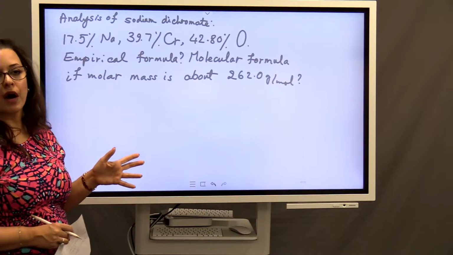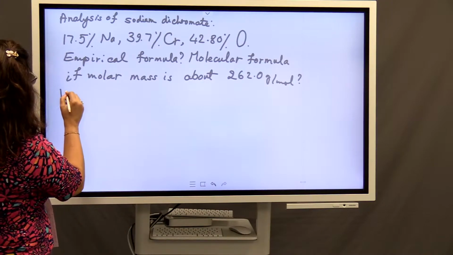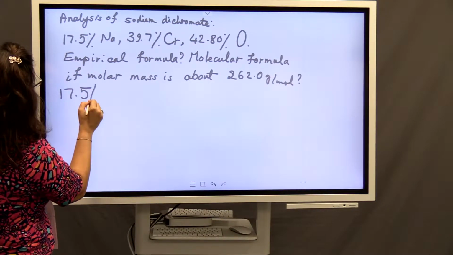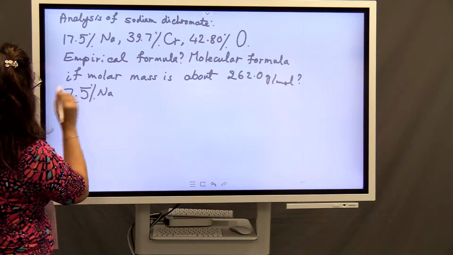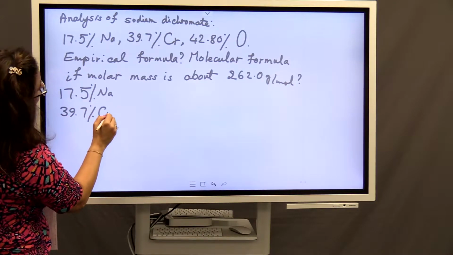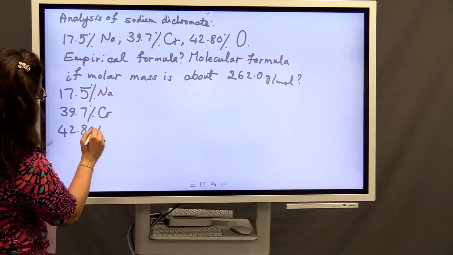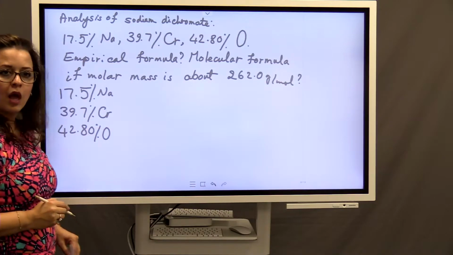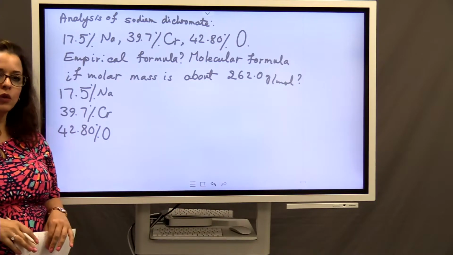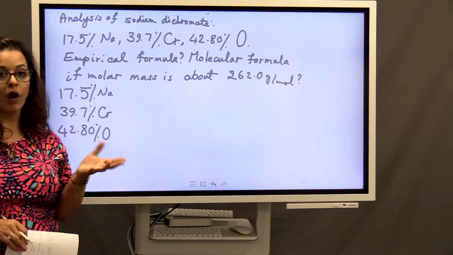So I told you, we first need to find the simplest whole number ratio, or we need to find the empirical formula first. Write these percentages here. 39.7 for chromium and 42.80% for oxygen. Percentage is difficult to deal with for these calculations because, why?